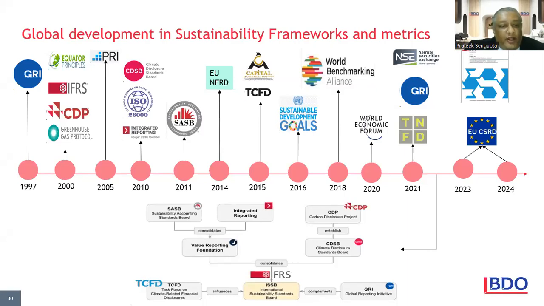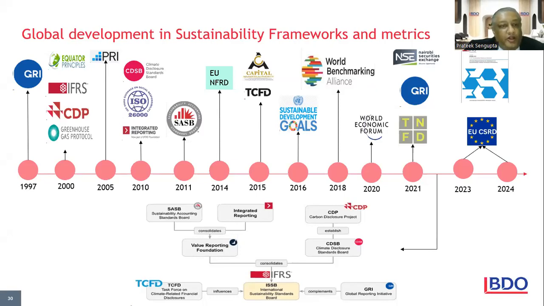In 2010, we see the creation of the Climate Disclosures Standards Board, CDSB. We see the introduction of the ISO 26000 standard on social responsibility. We see the creation of the Integrated Reporting Framework under the IIRC, or the International Integrated Reporting Council, which was an offshoot of the Prince of Wales Foundation initiative chaired by Justice King from South Africa.